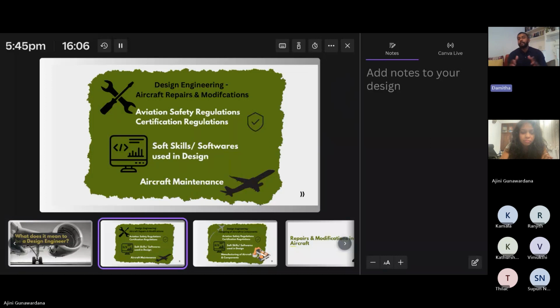Again, it's a very broad definition of a design engineer, but this slide shows that, at least in aerospace, you have two aspects to design engineering. You have a design engineer who creates and designs new aircraft and components.